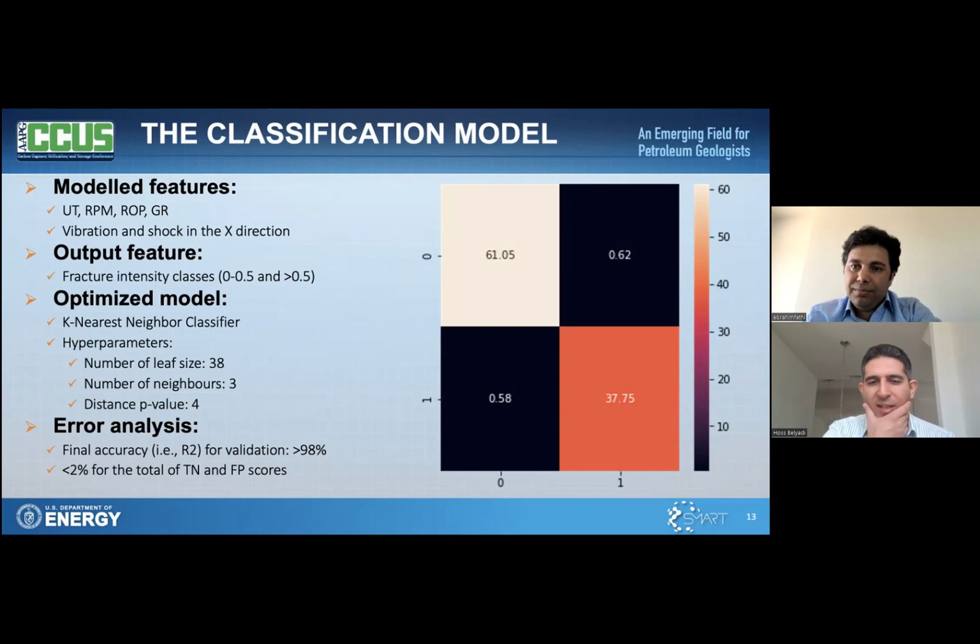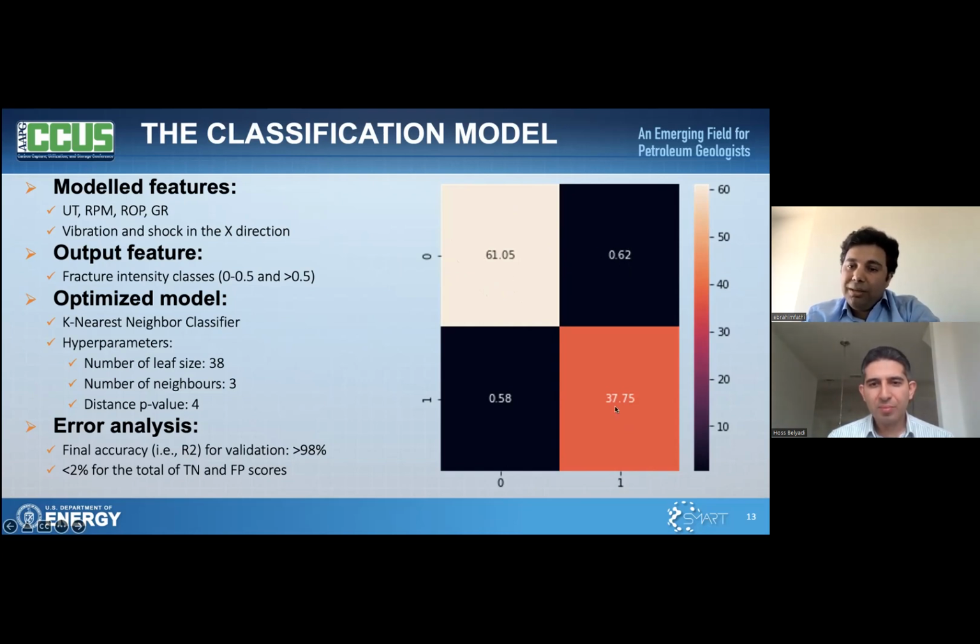And before we go to the next slide, some of the audience might not have much background in confusion matrices. Can you define this confusion matrix for them? So basically, this is the class of high and this is the class of low fracture intensities. This is the true high fracture intensities that the model predicted to be true, and this is the true fractures that the model predicted to be false.